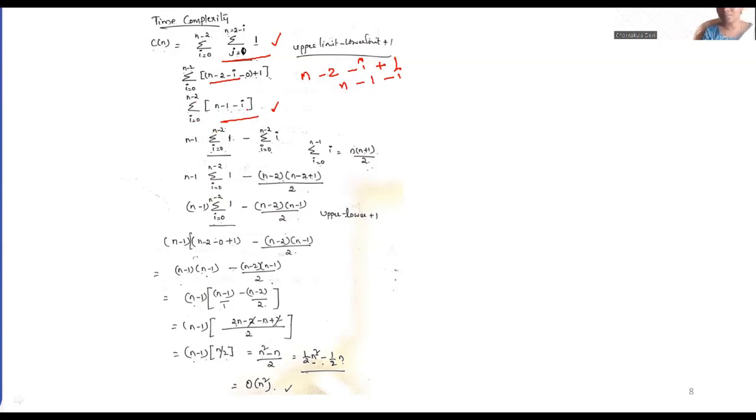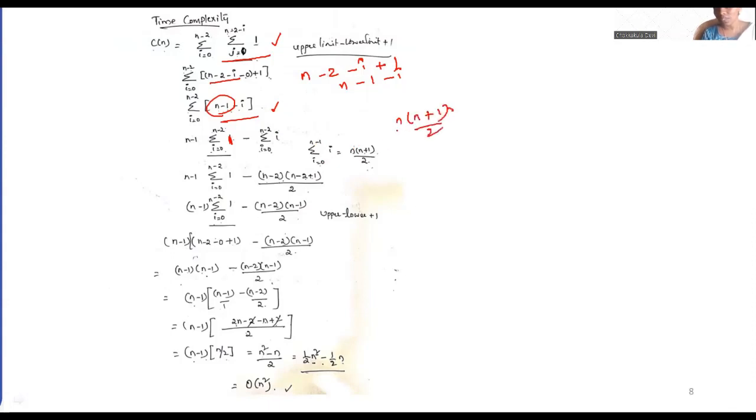For simplification, we have to split this into two parts. In the first part, we take n minus 1 out, and it will be the sum of 1 from 0 to n minus 2. And minus the sum of i from 0 to n minus 2. We know that for i from 0 to n, the summation is n into n plus 1 by 2.